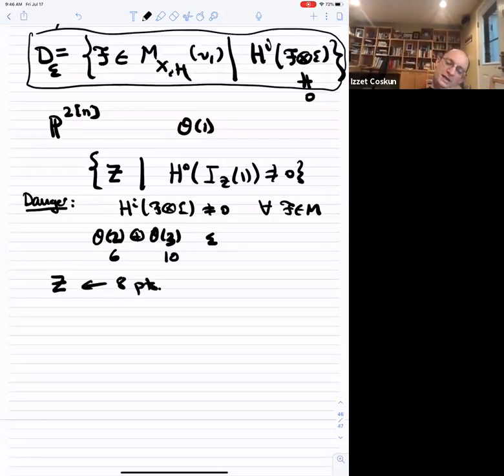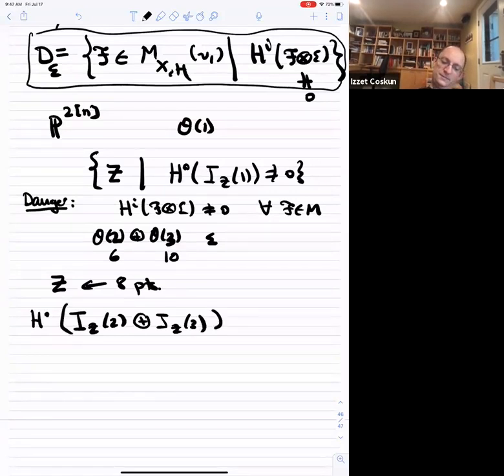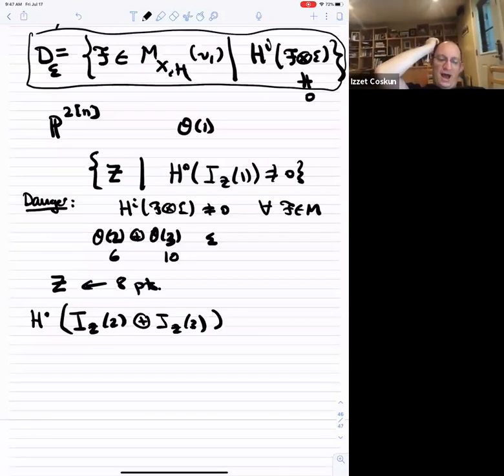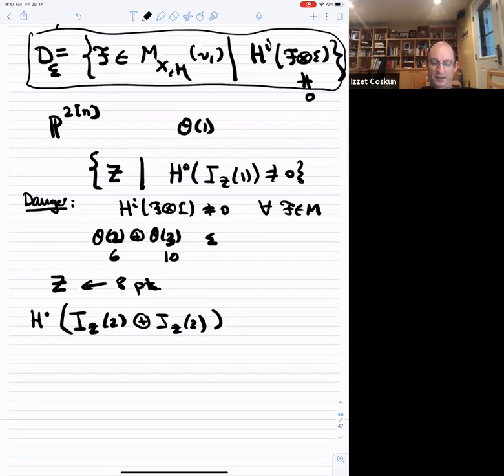So now you see, if I look at I_Z(2) plus I_Z(3) and compute the cohomology of this thing, even if you had 8 general points, this doesn't typically have any sections, but this has 2 sections.